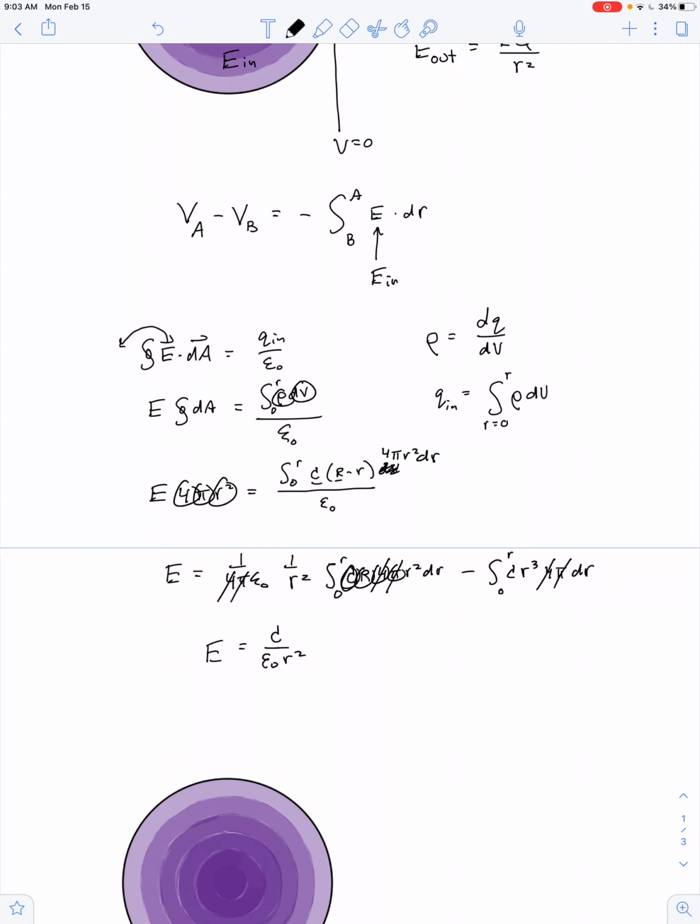So we've got the c both here and here, epsilon naught r squared. Okay, and then times the integral from 0 to r of r squared dr minus the integral from 0 to r of r cubed dr.